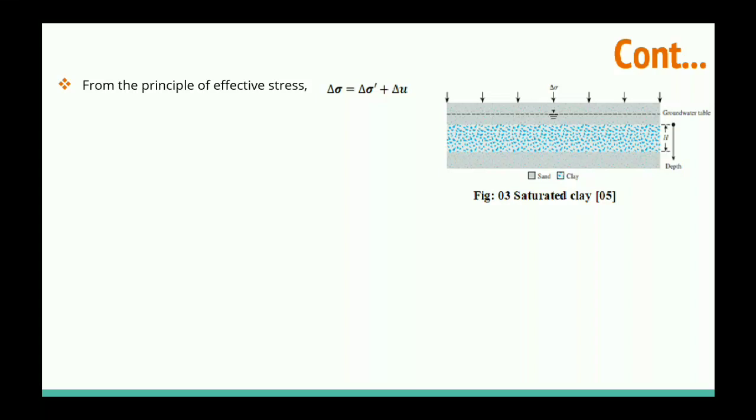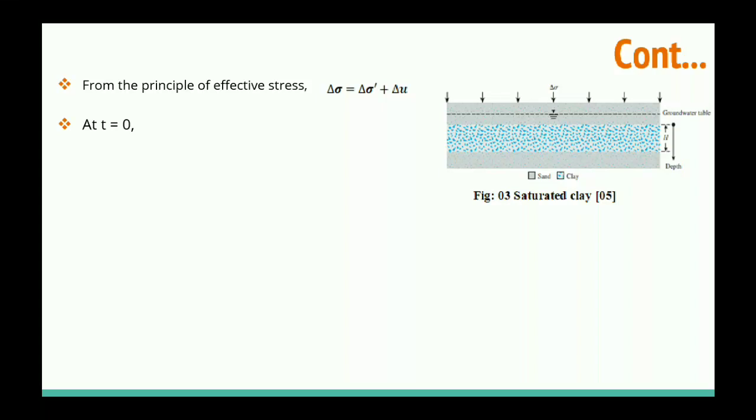So that equation we can write in the form of change. Whatever change will happen in the total stress will be equal to the change in the effective stress plus the change in the pore water pressure. So initially, when the total stress is applied, all the stress is resisted by the water.